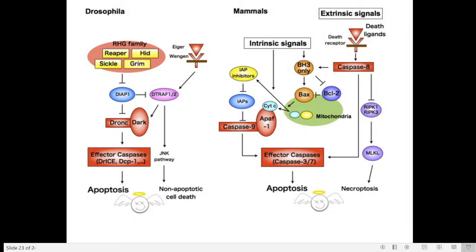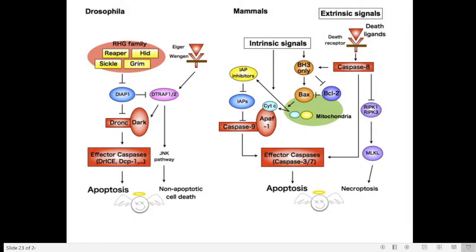Then in the mammalian cell system, there is the extrinsic pathway and the intrinsic pathway. In the intrinsic signal, IAP inhibitors activate caspase 9. You can see the IAP activating caspase 9, which activates caspase 3 or 7, the effector executioner proteins.